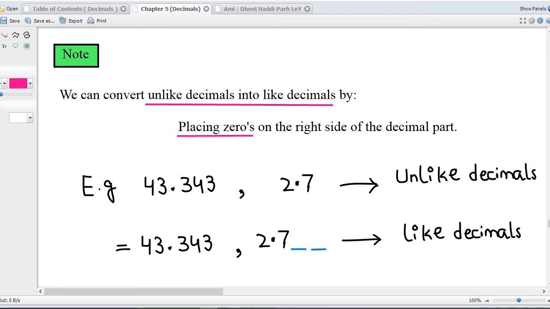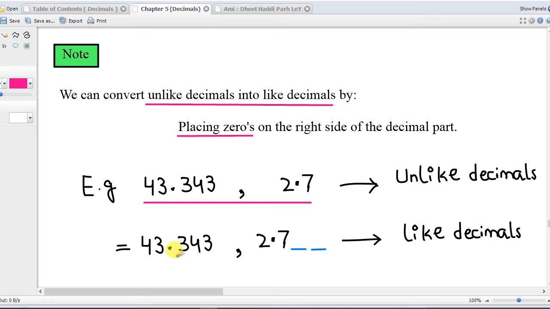So here is an example. These are the two numbers, 4.343 and 2.7. Both of these numbers are unlike decimals, right? So how can we make these two numbers like decimals?